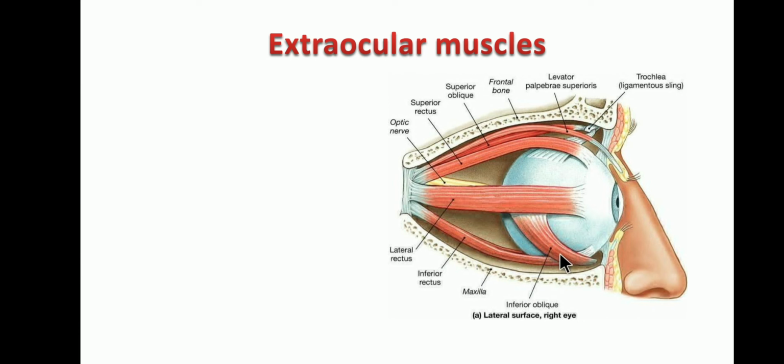So it turns backwards and laterally, then upwards and backwards, again into the posterior superior quadrant of the eyeball behind the equator.